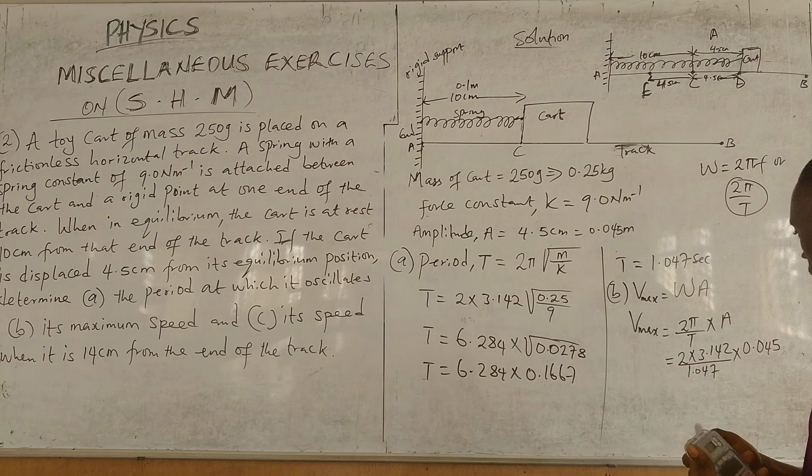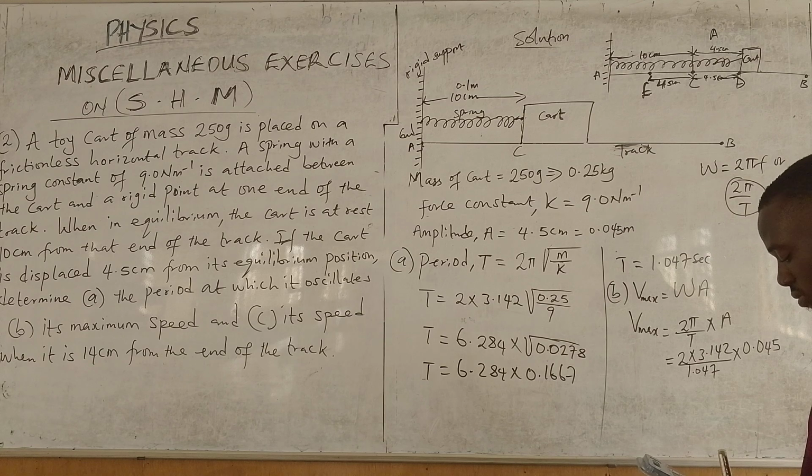0.045. So if I simplify this, 6.284 times 0.045 by 1.047.